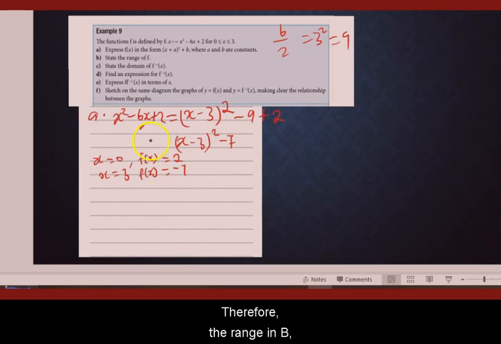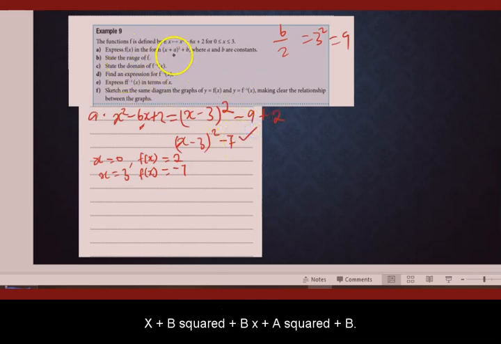Therefore, in B, because we are supposed to find the range, we have expressed, the first one is answered, x plus a squared plus b. So this is the required solution for A. B, we are looking for range.